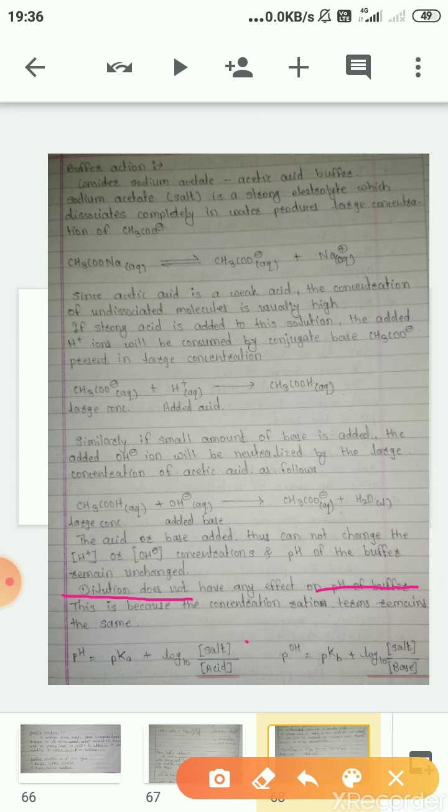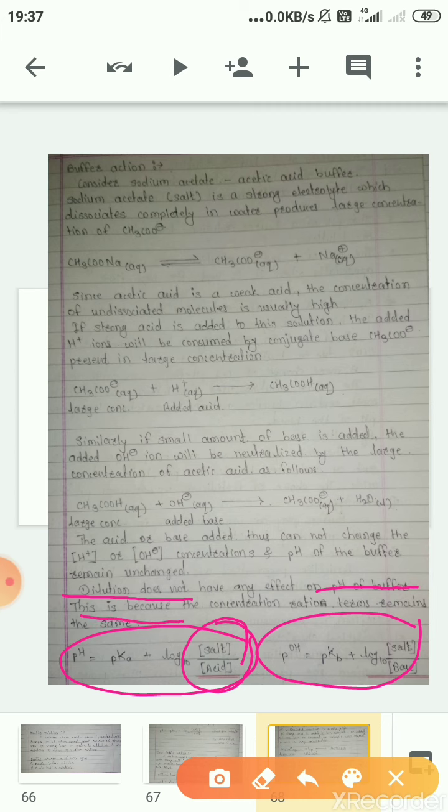The equations for the pH and pOH we have seen already in the previous part, that is, in acidic buffer solution and basic buffer solution. Here, as the ratio of the concentration of salt and concentration of acid is the same although we add water in the buffer solution, the pH of the buffer solution will not change.